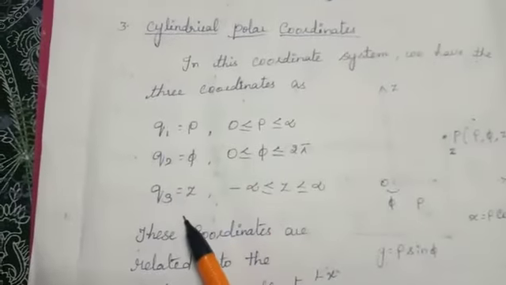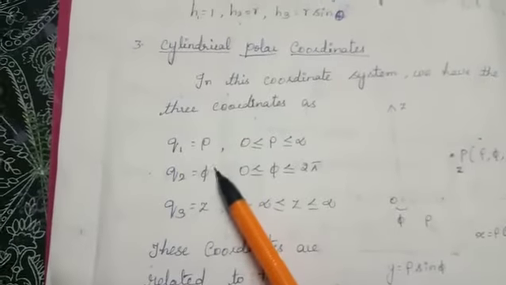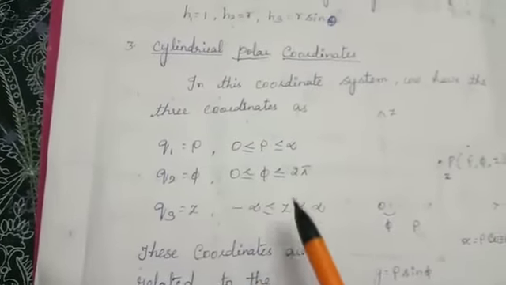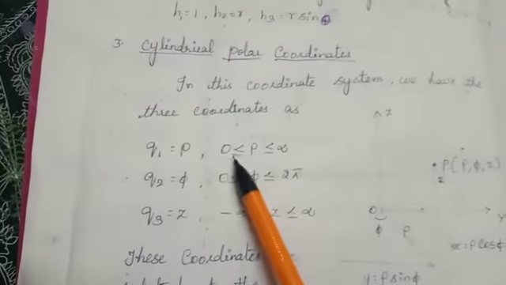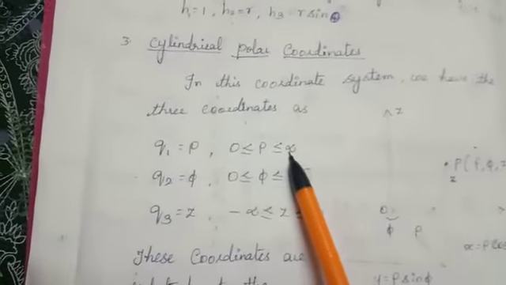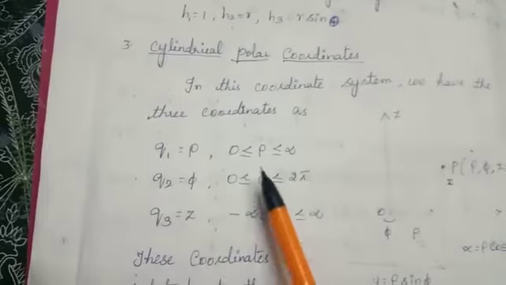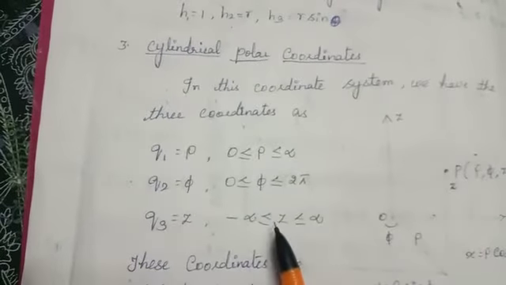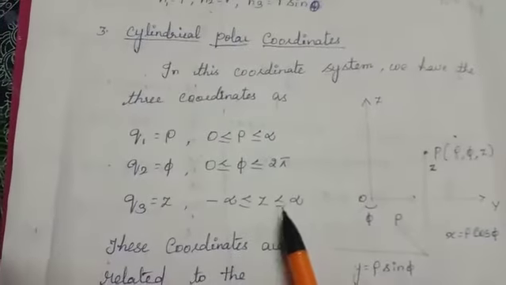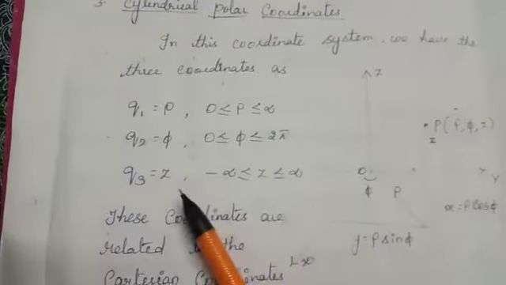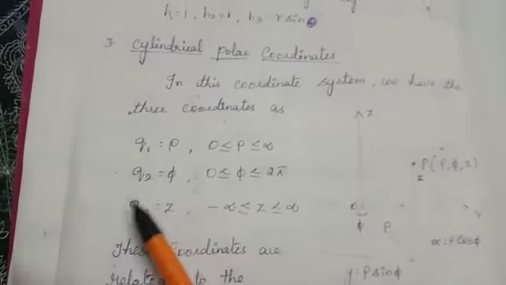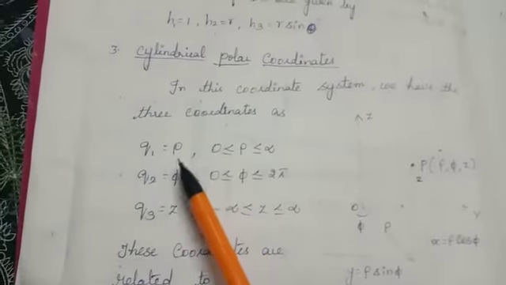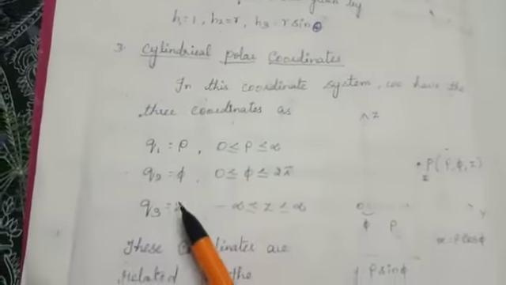The limits are: rho between 0 and infinity, phi between 0 and 2 pi, and z from minus infinity to plus infinity. These cylindrical coordinates are indicated by rho, phi and z.